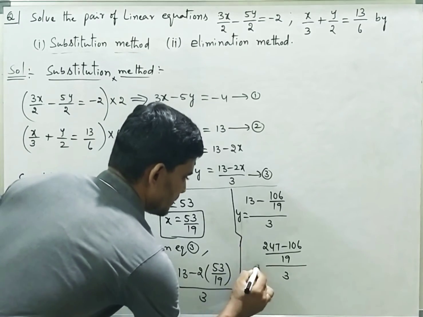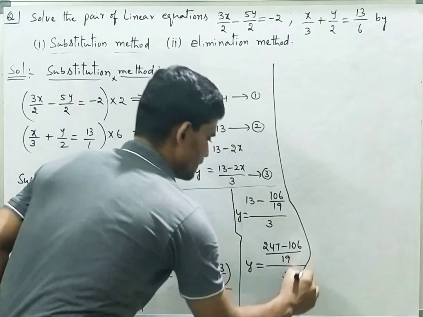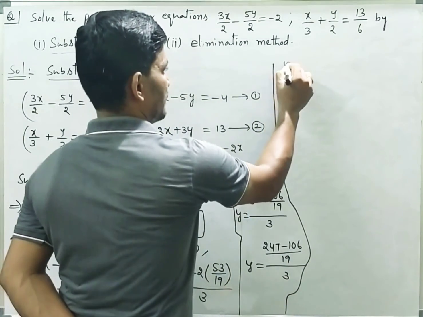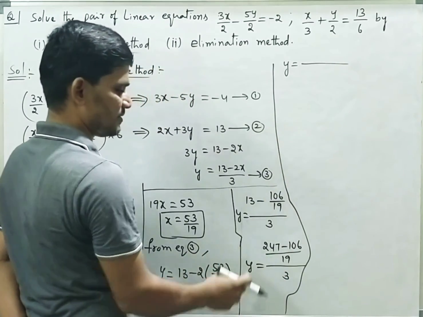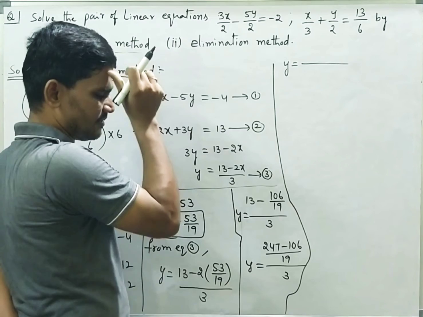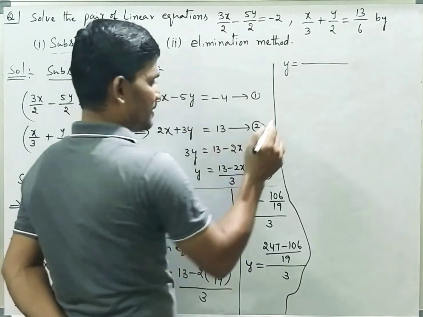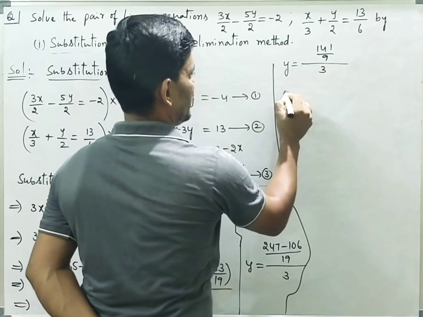So sometimes you have to write the steps properly. That is y is equal to, the numerator becomes 247 minus 106, that is 141, by 19, by 3.